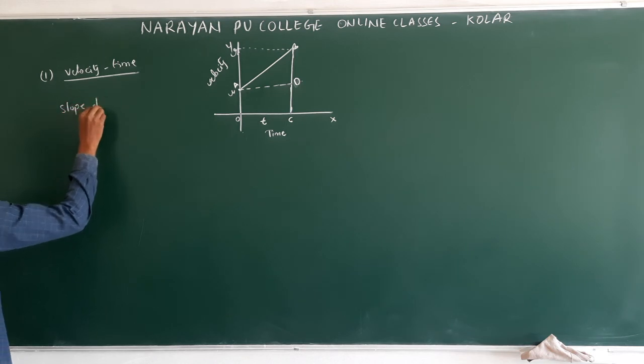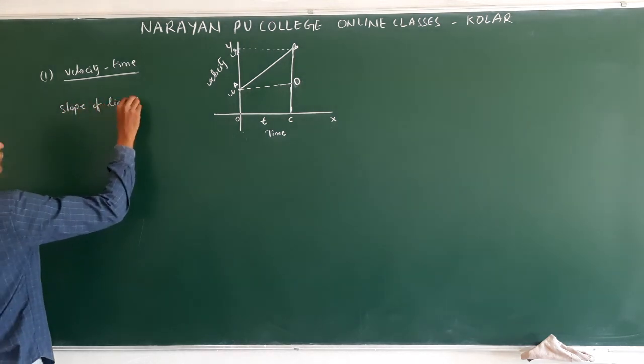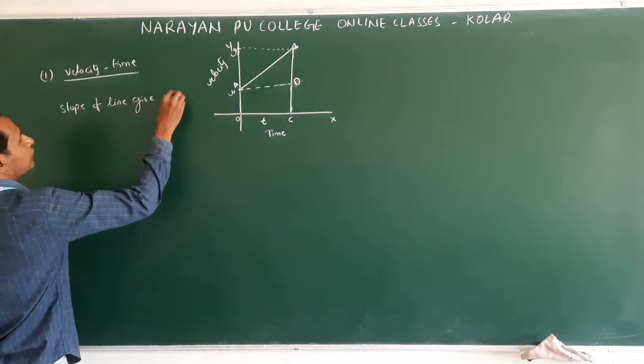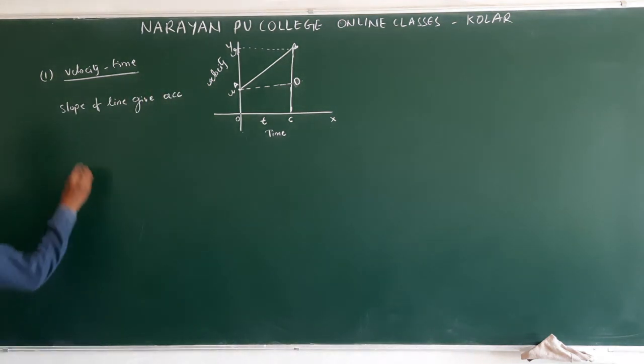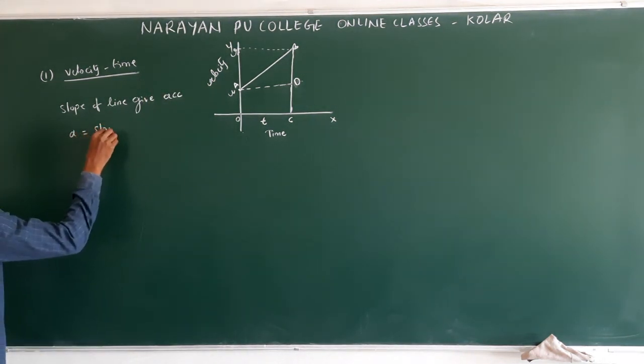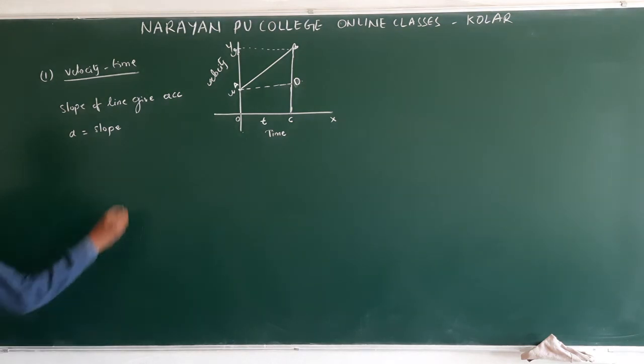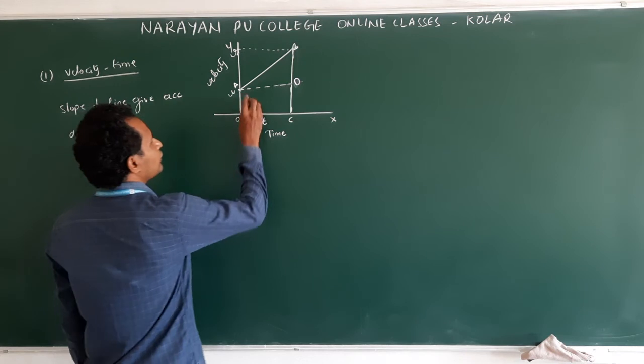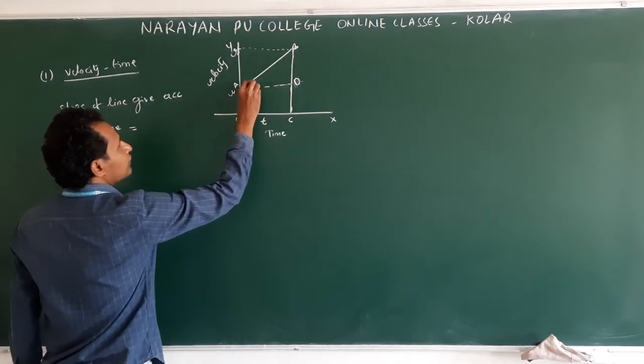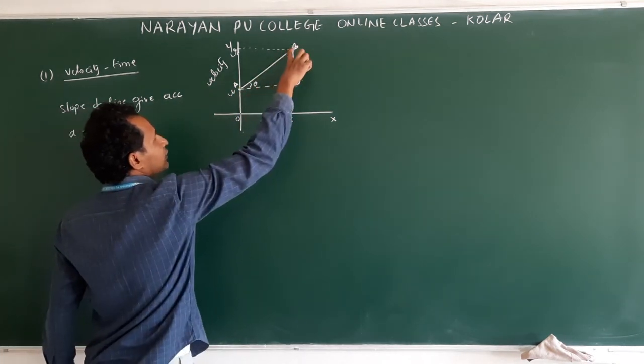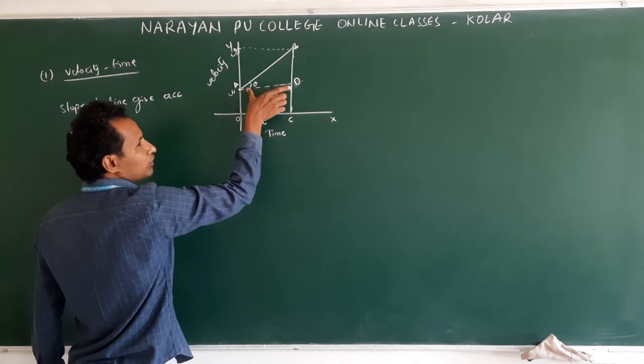Slope of line gives acceleration. So A is equal to slope. Then how do we write the slope? Slope of this line is tan theta, this by this.